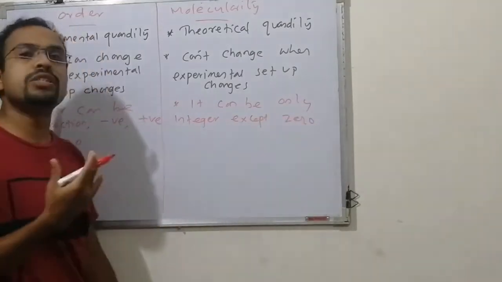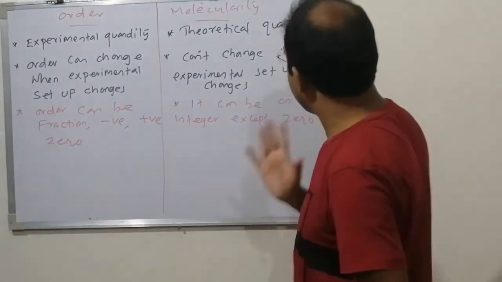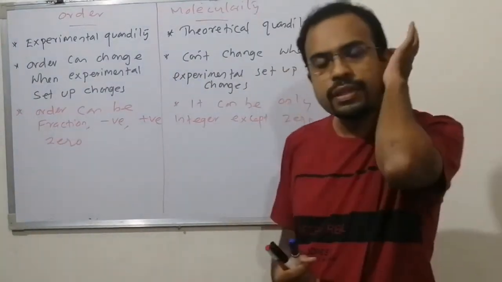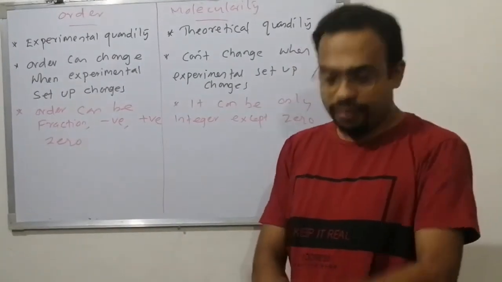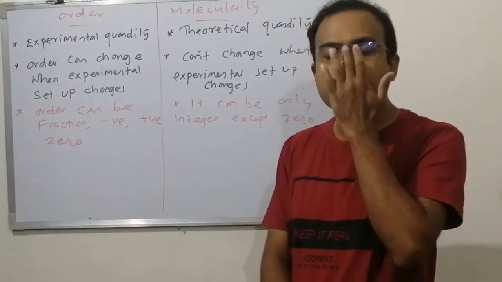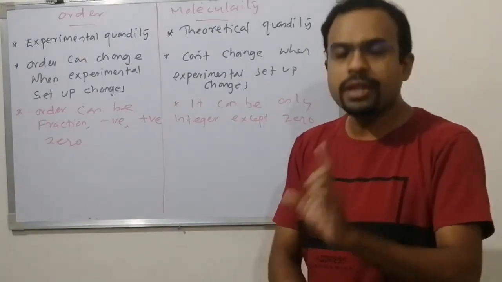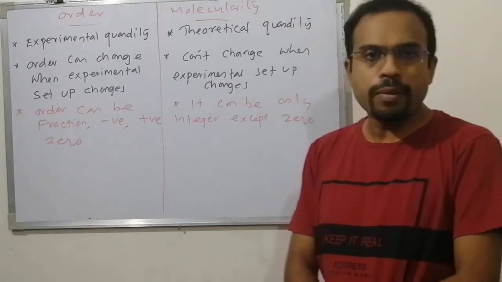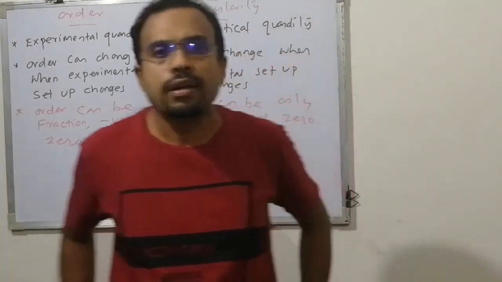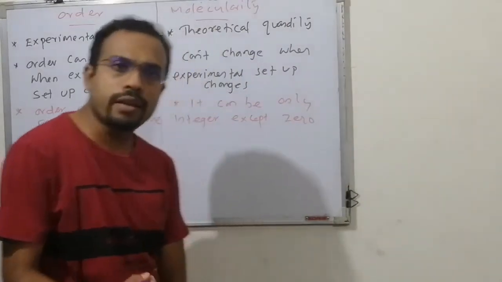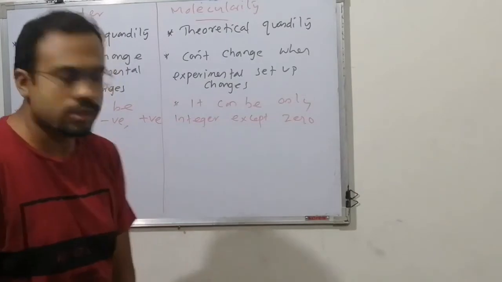It cannot be zero, it cannot be fraction, it cannot be negative. That is why when we balance a chemical equation, if a fraction comes, immediately we remove that fraction by multiplying with a suitable integer. You remember that? Because molecularity or coefficient cannot scientifically be a fraction. That is unscientific. That is nonsense.